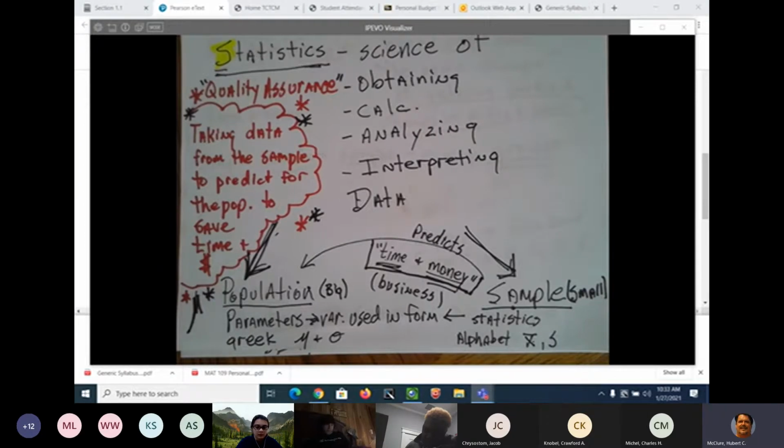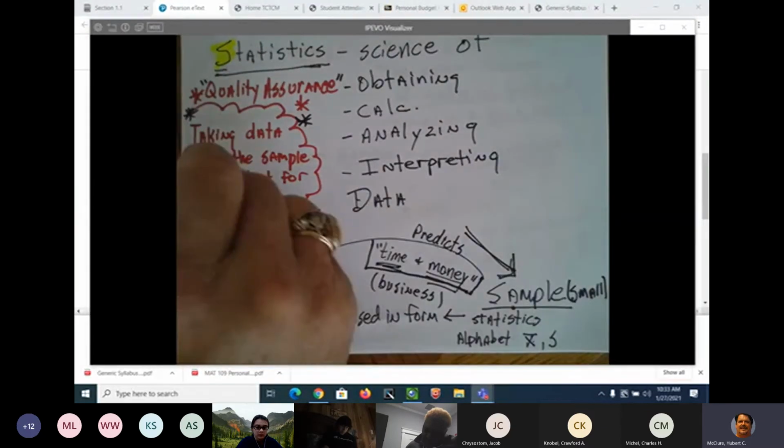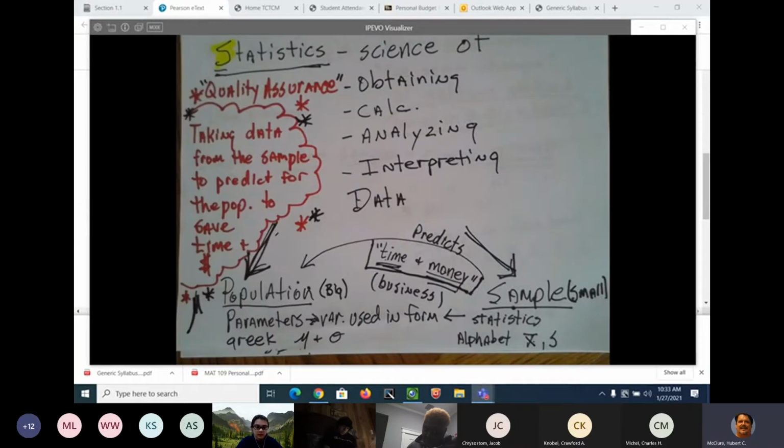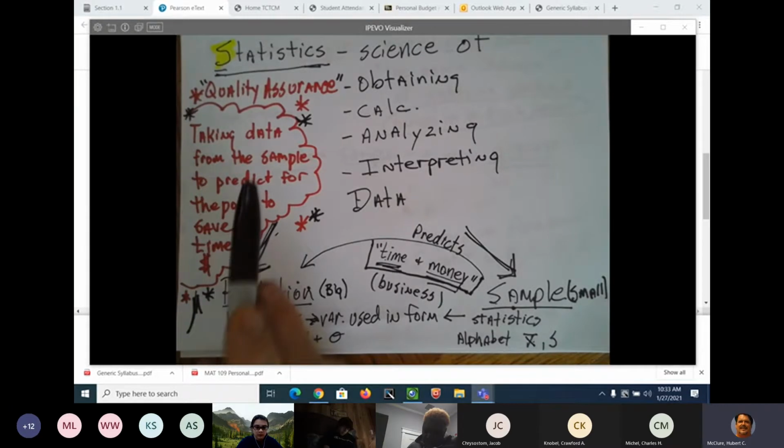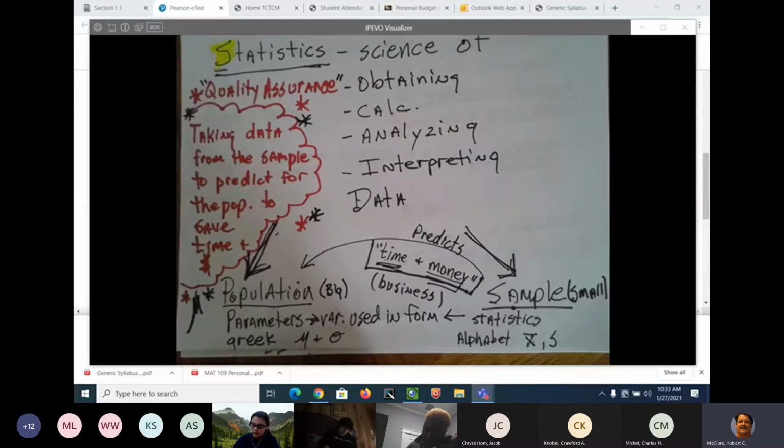Now, I guarantee you some of y'all have sat through a whole semester of probability and statistics and you didn't know that was the whole point behind the whole class. Your main objective when you are a quality assurance person or a probability and statistics person is you're trying to take data from a sample and predict for the population, whether it's for yourself, for a dissertation, or for a company as a quality assurance manager.